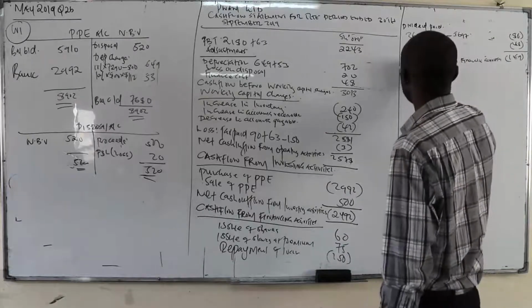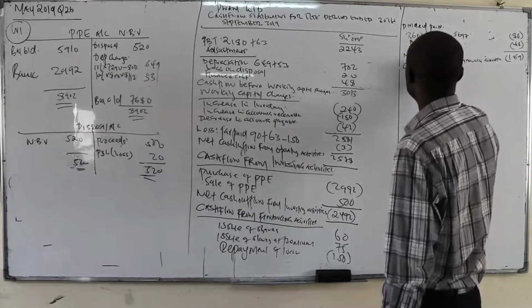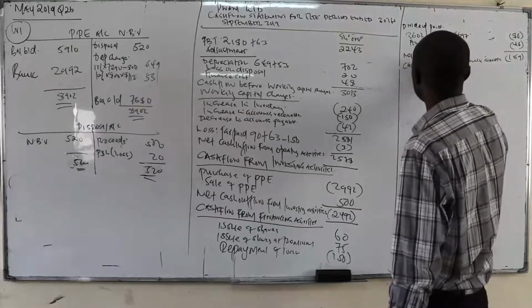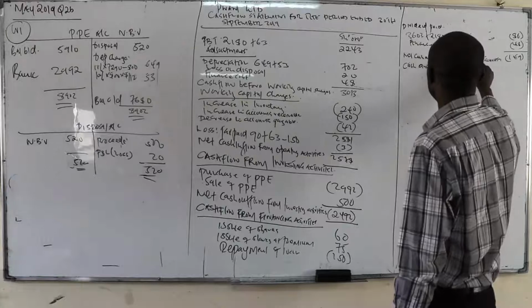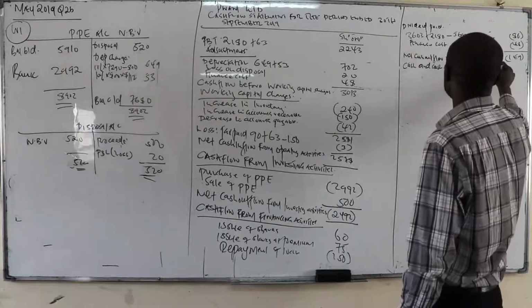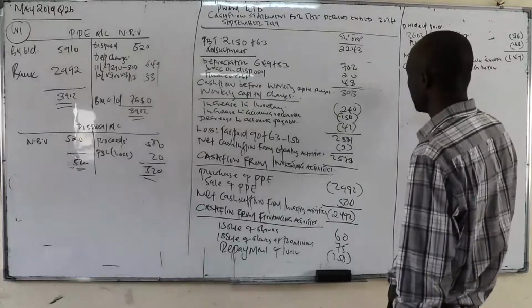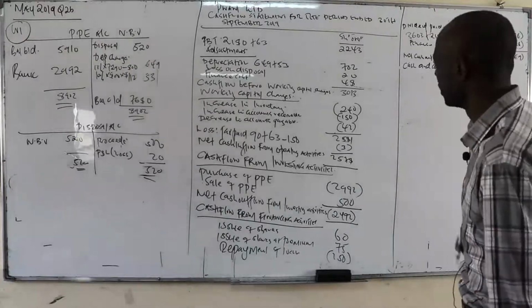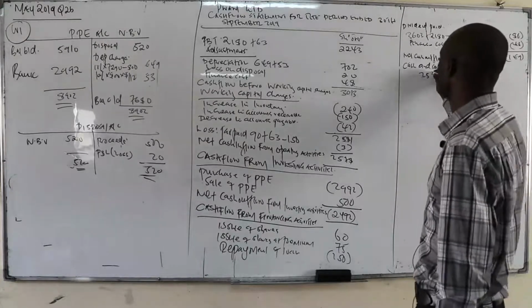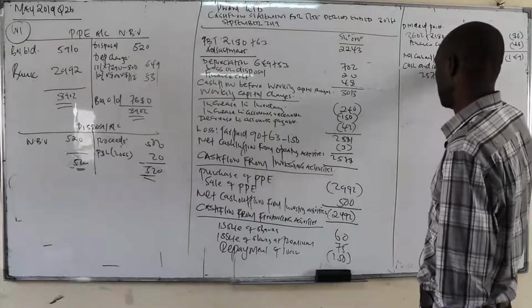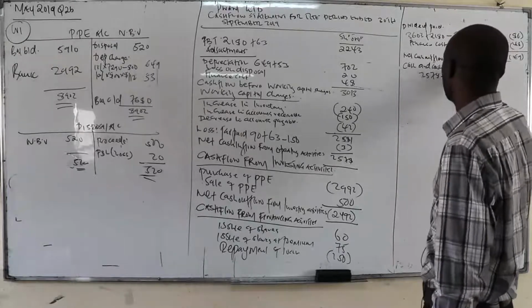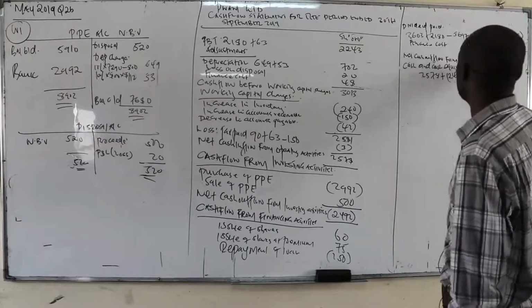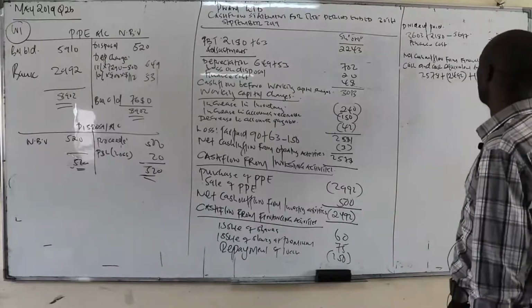So we have cash and cash equivalent for the year. Which figures are we going to add? 578 plus negative 2492 plus negative 149. How much do you get?